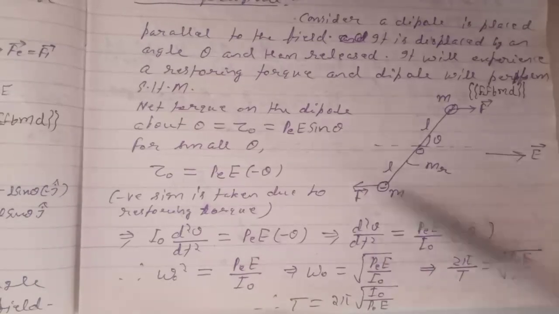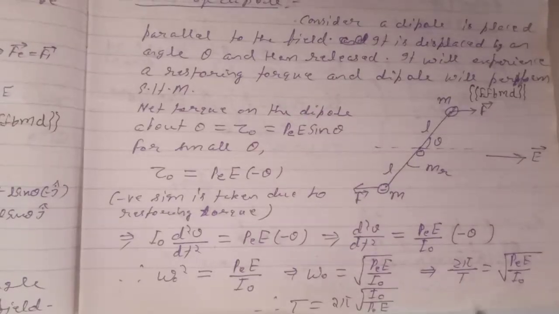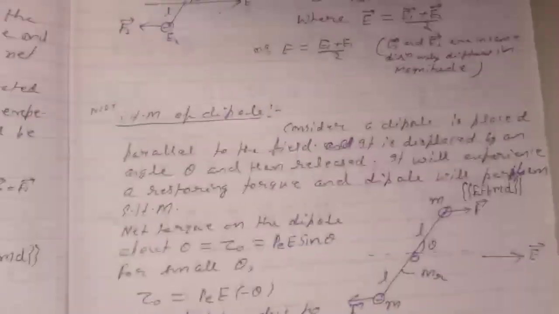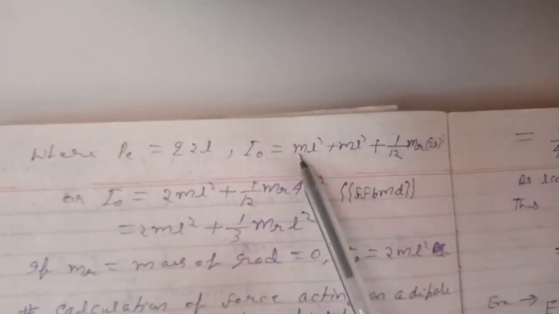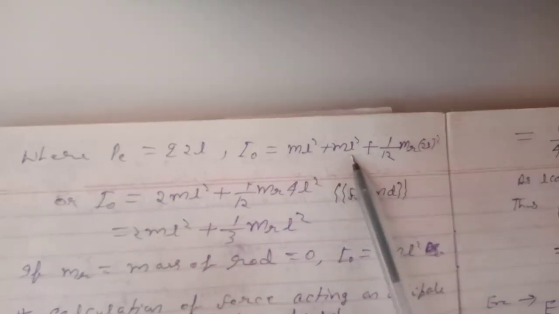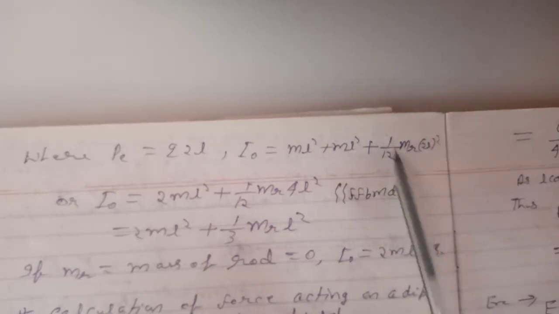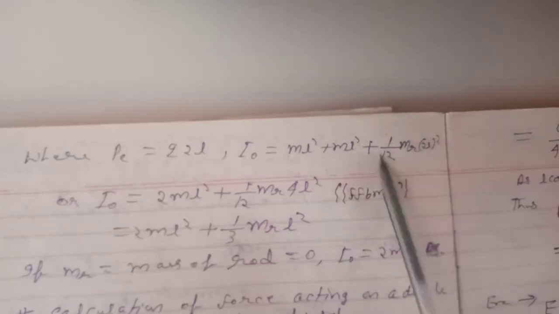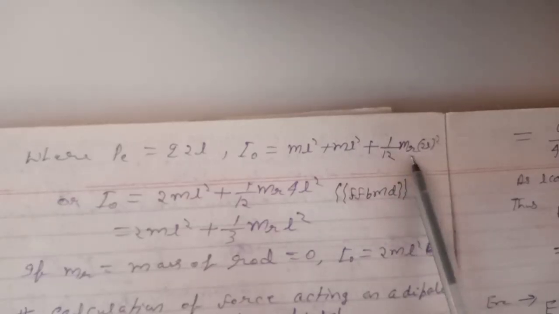Now if we consider that it is connected with a rod, then we have to calculate the moment of inertia. We have P equal to Q into 2L, and I0 will be ml square plus ml square if the charge has mass m and is connected with a rod of length 2L. Then one more term will be added, 1 by 12 mr into 2L square, where mr is the mass of the rod.